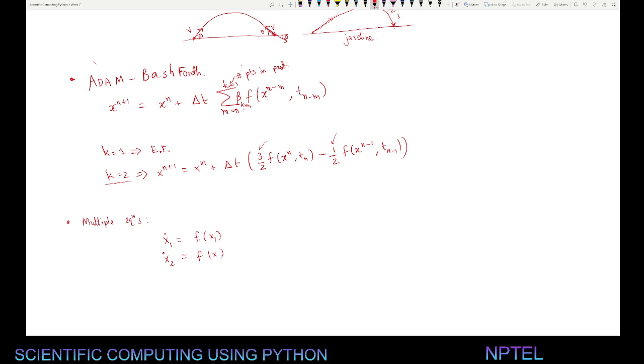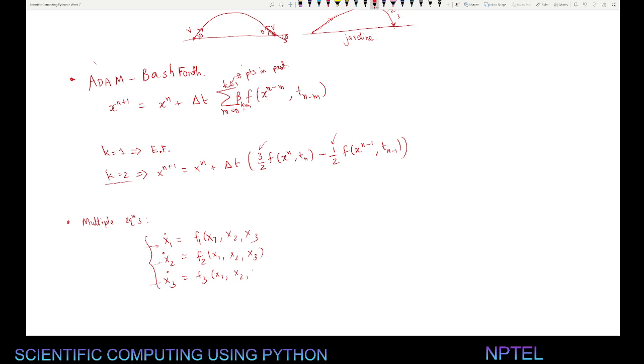So we call this f1, this is f2, and x3 dot is f3(x3). If you have this kind of set of equations, it's very easy to solve. Why? Because they are all independent. I can just solve this, then this, then this. But in general, they are coupled. So it won't be like this, but in principle, this could be a function of x1, x2, x3. This could be a function of x1, x2, x3, etc.